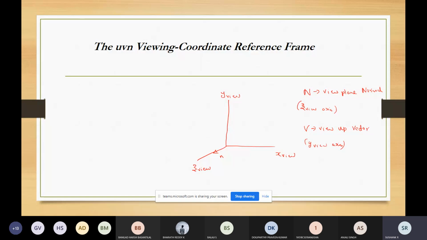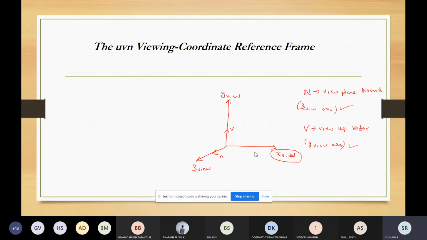So we are left with only one direction, the direction along X view. Now we need to determine the direction for the X axis.